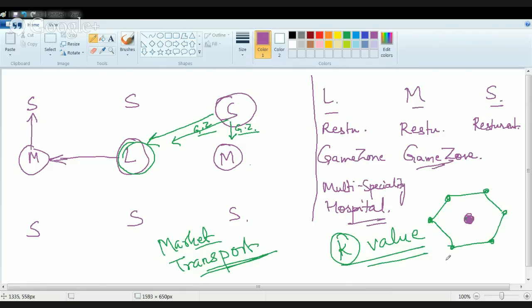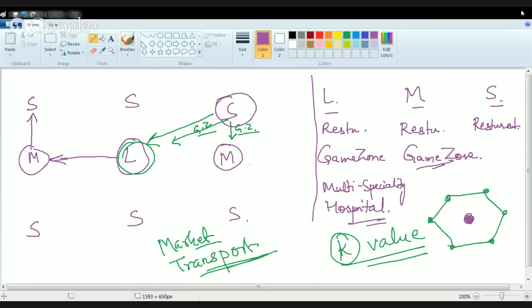So what is happening here is that K value is the total number of settlements that can be served by one higher order function, or it is a kind of multiple or proportion of services that can be served by a higher order function.